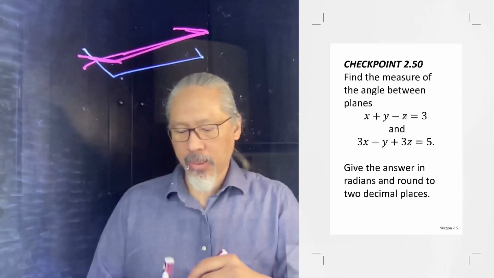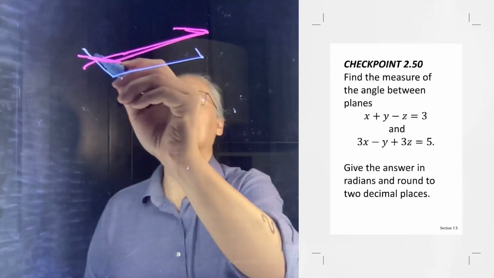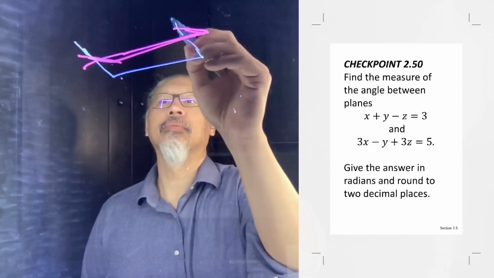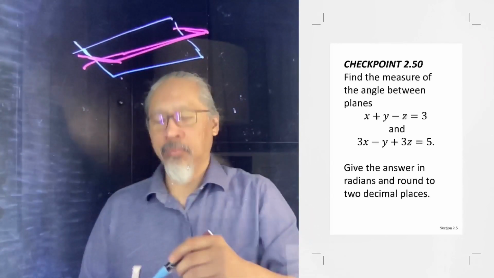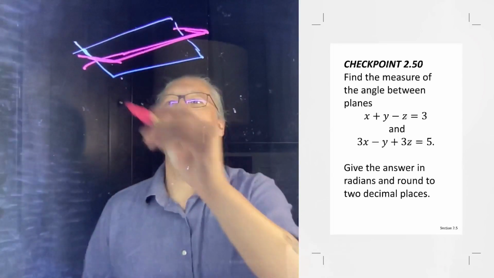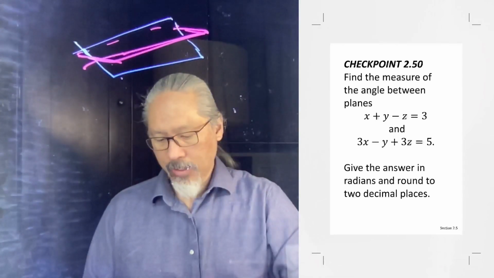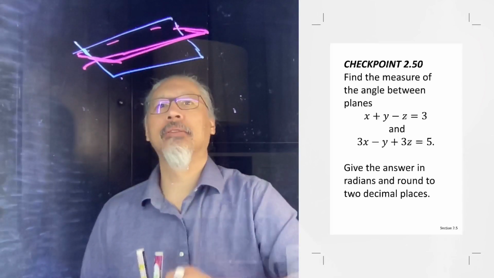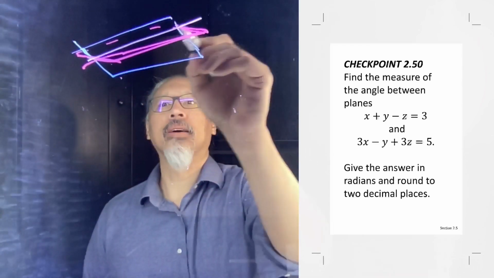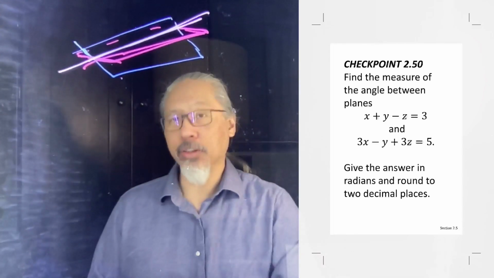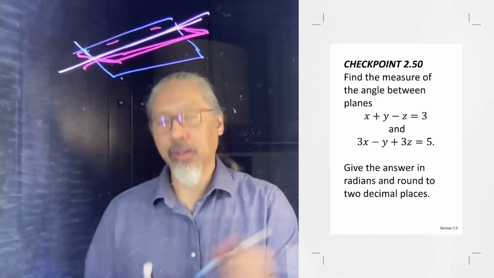Maybe it looks something like that. We kind of get the picture of how the planes might look. There's a line of intersection. When two planes intersect, they intersect in a line, but we're more concerned about just the angle between them.